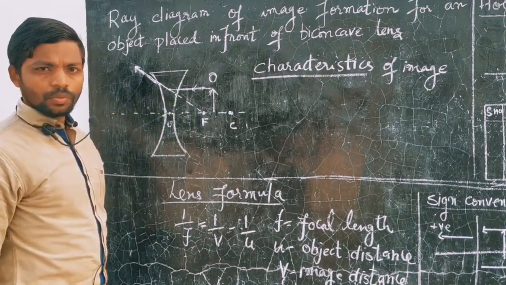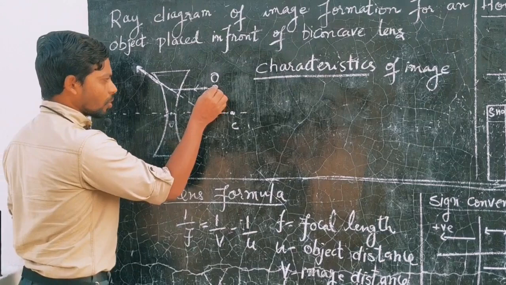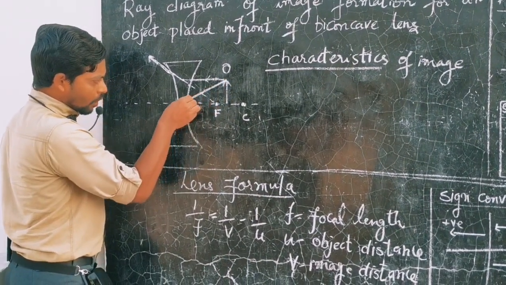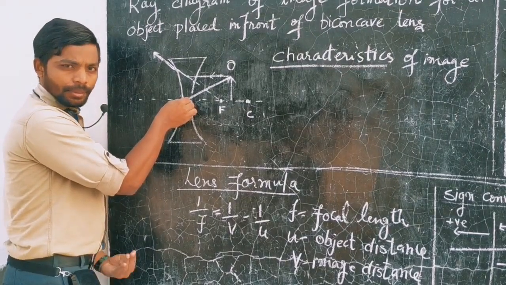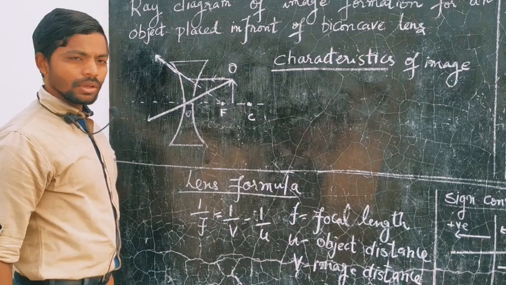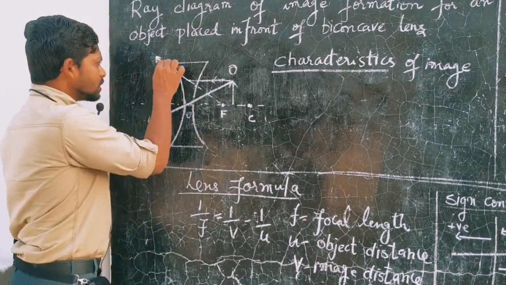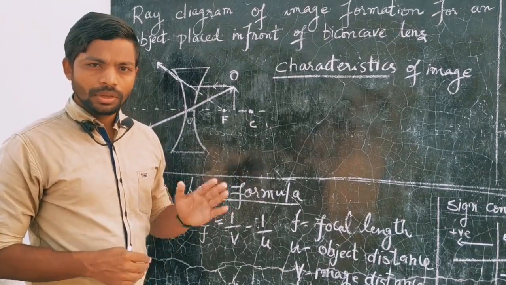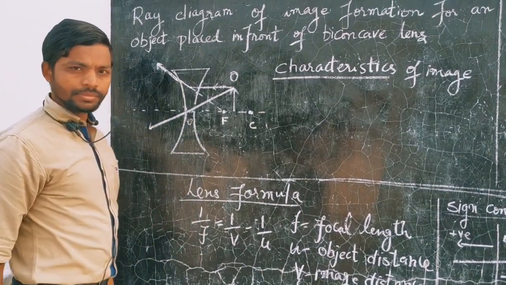So it diverged. We'll take one more light ray from the top of the object, towards the optic center. We know any light ray passing through the optic center goes undeviated. Now you can see these two would never meet on the other side of the lens.